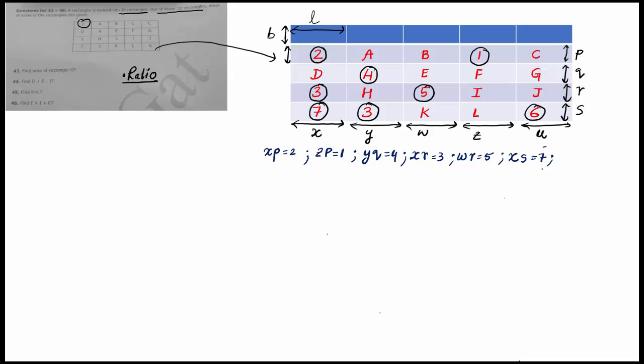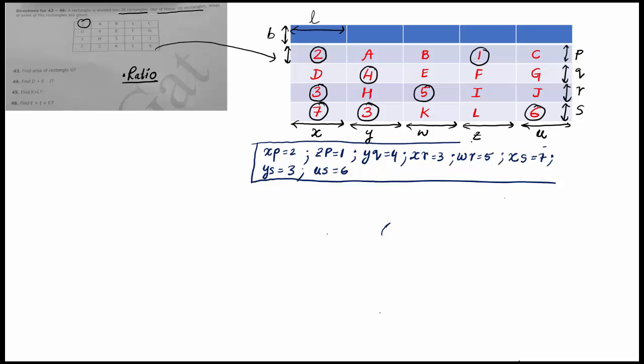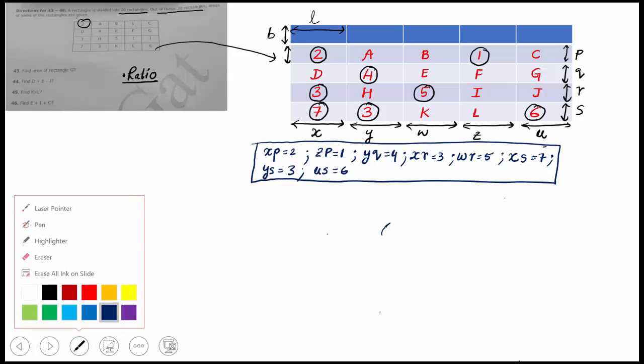And the region which has area 3 has an area of Y into S, which is equal to 3, and U into S is 6. So this is the information I have. Okay, hope you're clear until this, right?